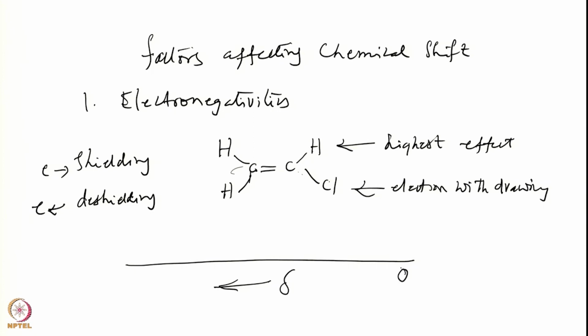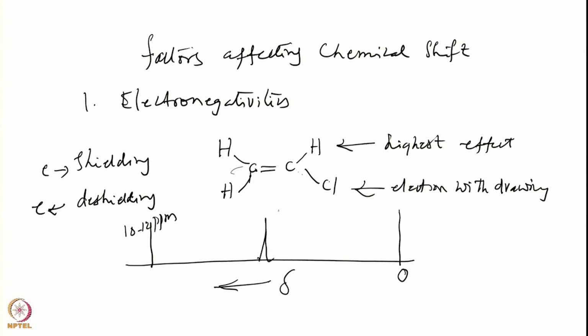Typically for protons with respect to a particular reference, let us say this is the TMS or TSP or whatever, you have the range of about 10 to 12 ppm. Up to this you have the spread of the chemical shift. The various functional groups appear in this area. So if you have an oxygen, then it will have the highest electron withdrawing effect. So then you will see peaks appearing somewhere here.